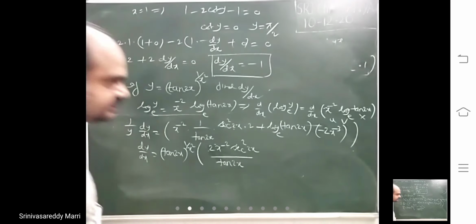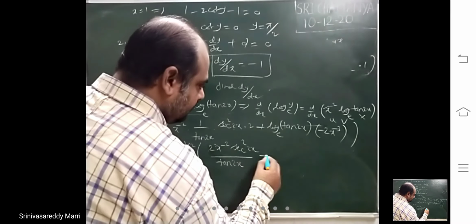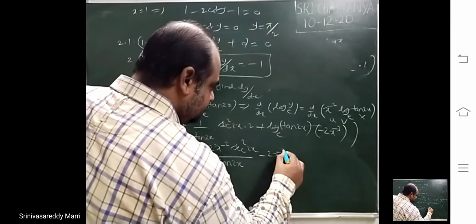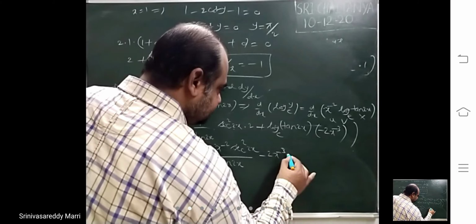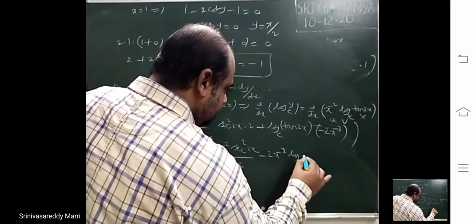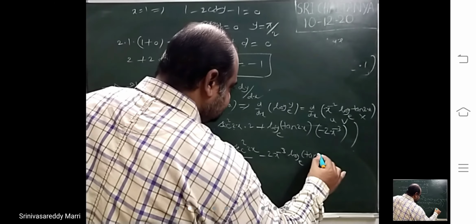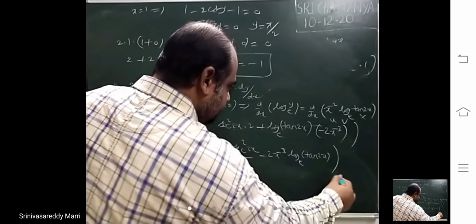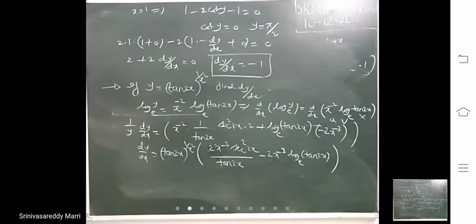Tan 2x minus 2 x power minus 3. This is the answer. Like that, whenever f of x to the power g of x is there, apply logarithm and then apply d by dx on both sides.